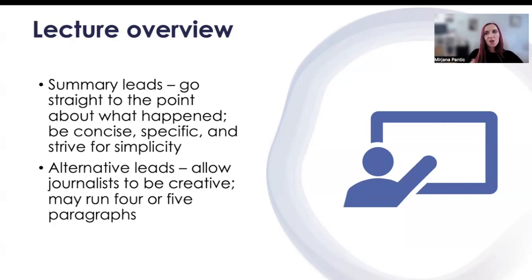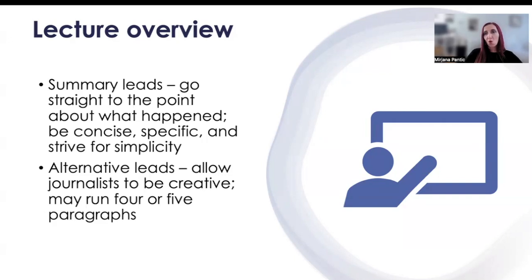But later you will find it easier and easier because it will be easier for you to identify what is the most important information for your story and make sure that information is in your lead.